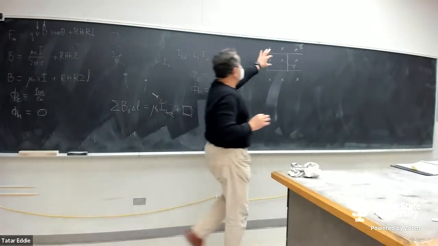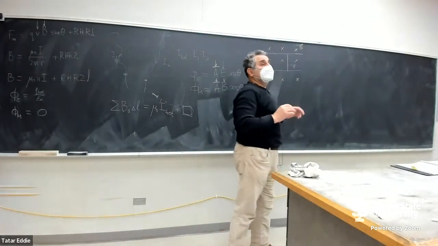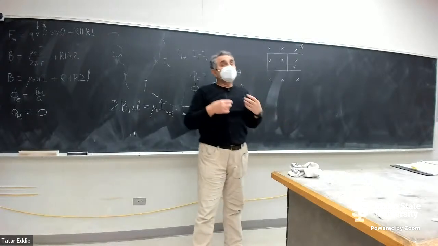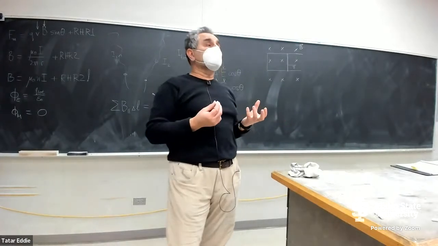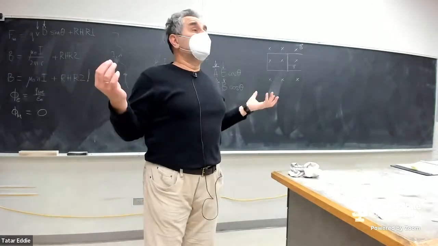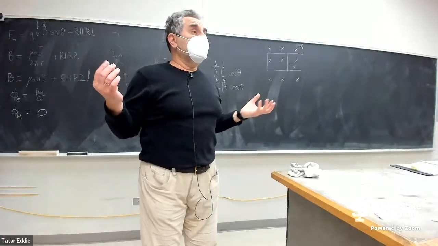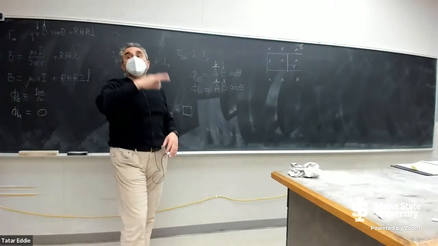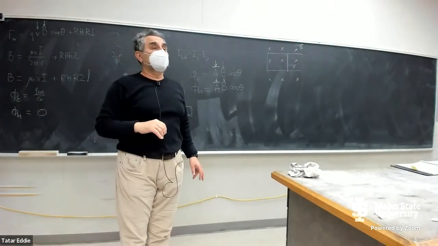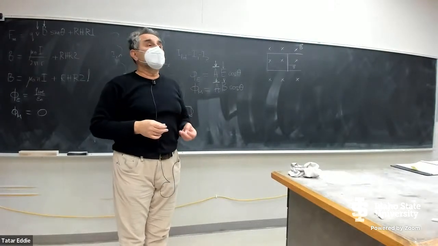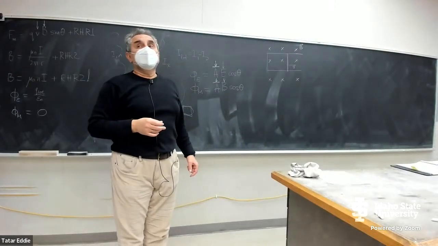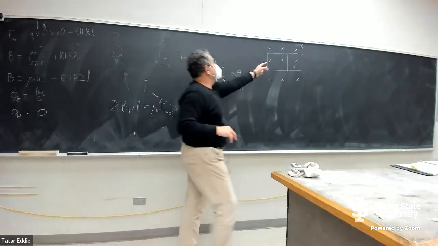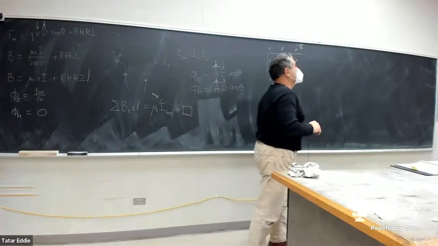Well, this piece of wire that is in motion has electric charges in it. And the negative electric charges, the electrons, are free to move. So any force, Lorentz force, is going to move them. So let's figure out in which direction those electrons are going to move if this piece of wire is moving to the right.